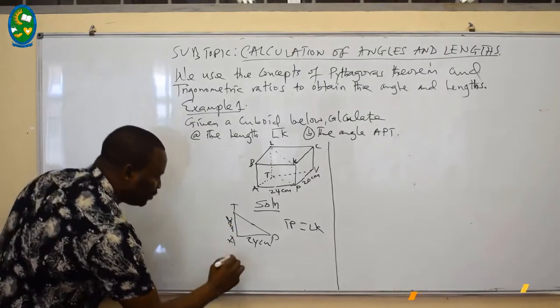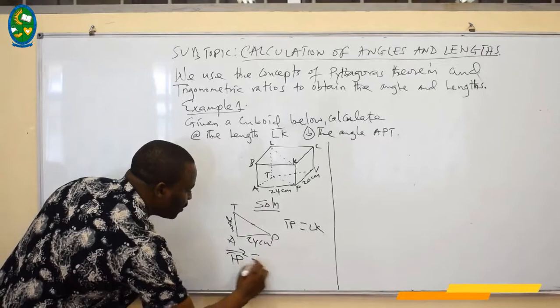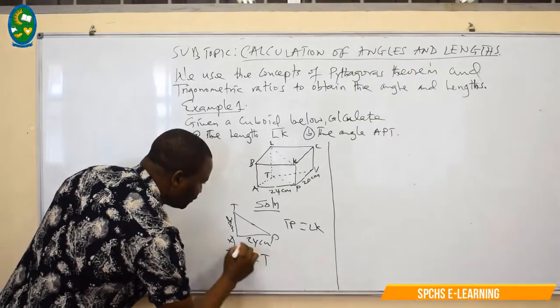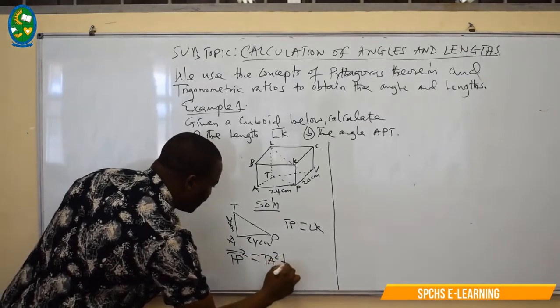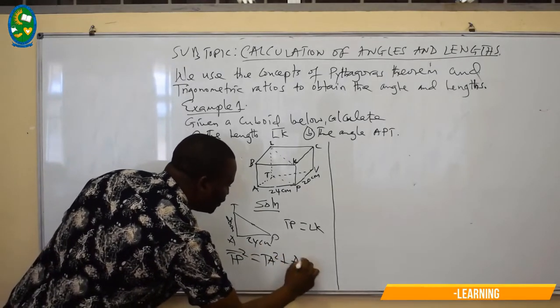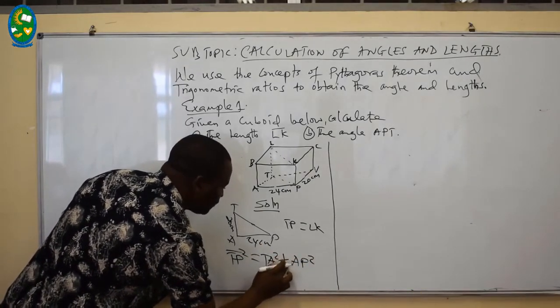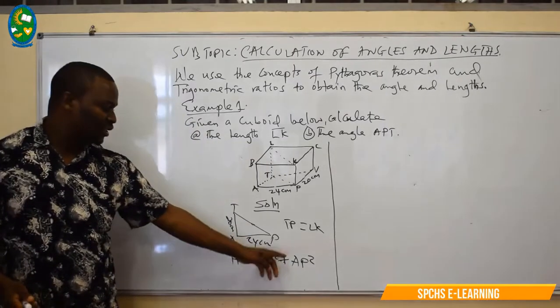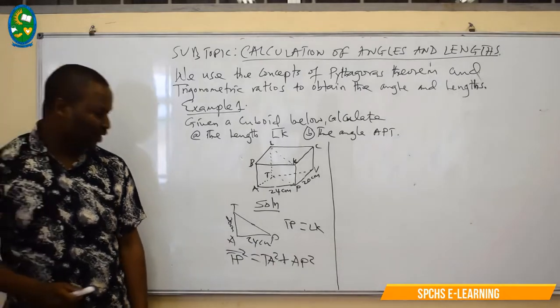Now to get TP, TP square is equal to TA square plus AP square.